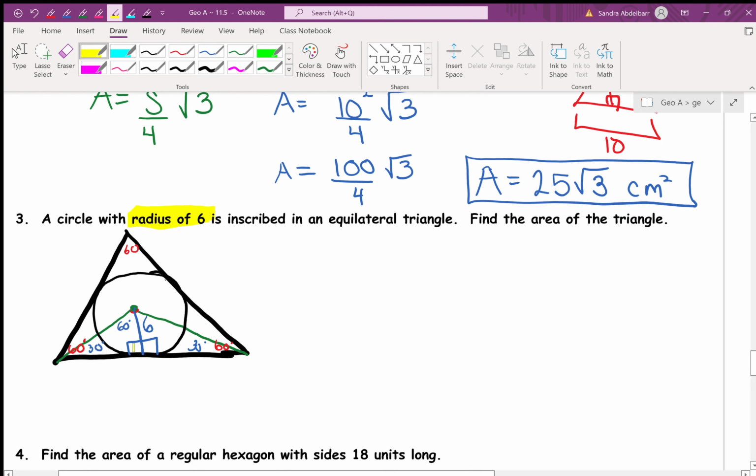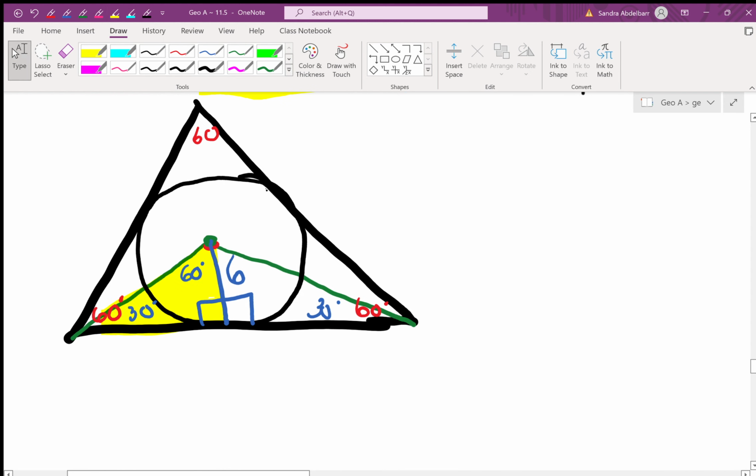So I'm going to use one of these triangles, and I know opposite the 30 is x, opposite the 60 is x root 3, and opposite the 90 is 2x. What does x equal? X is equal to 6.